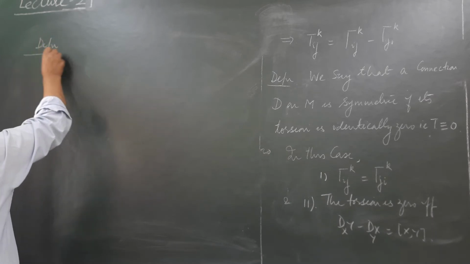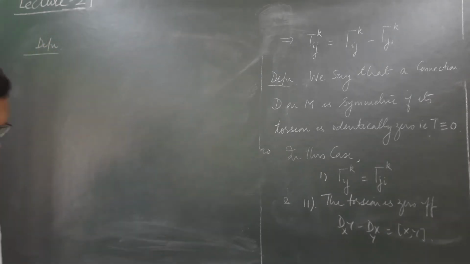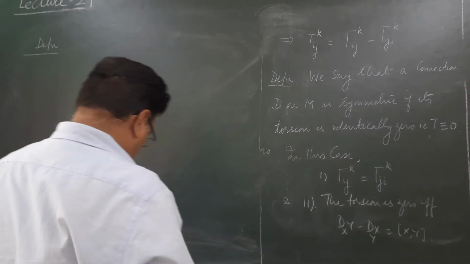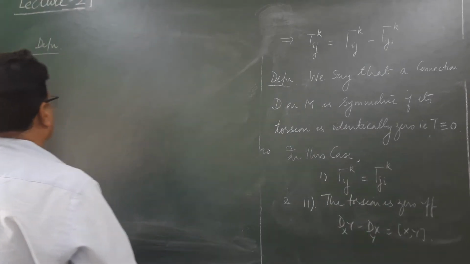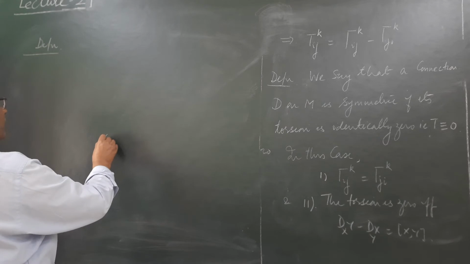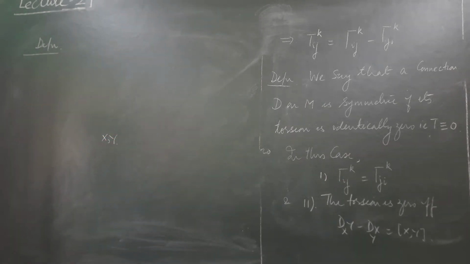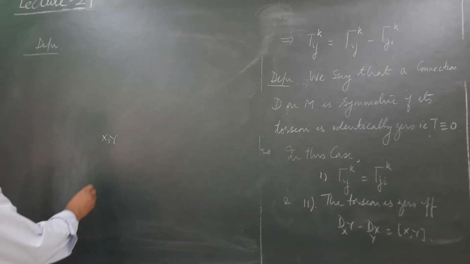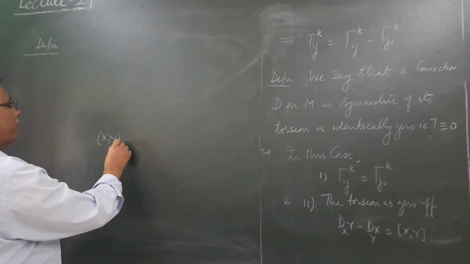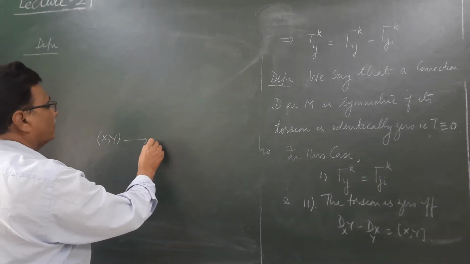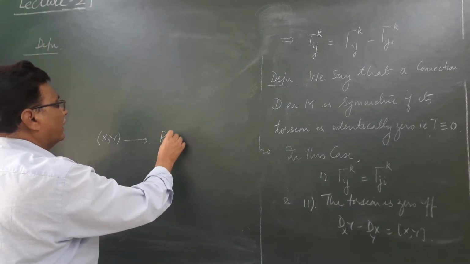So straight away I will start from the definition. Given a pair of vector fields X, Y, to this pair of vector fields I will find a map.